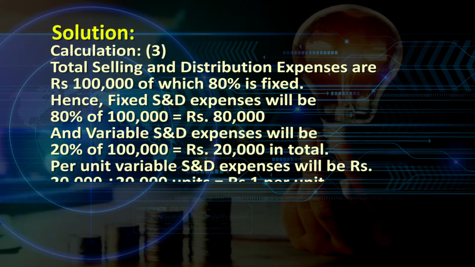Per unit variable selling and distribution expenses will be rupees 20,000 divided by 20,000 units, which equals rupee 1 per unit. Now, let us prepare the flexible budget at 100% and 80% capacity.